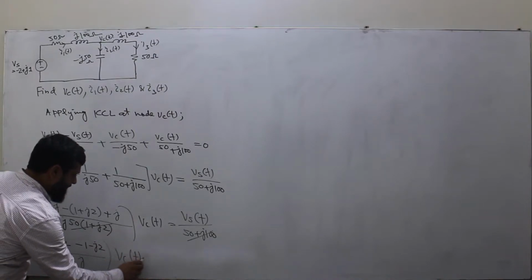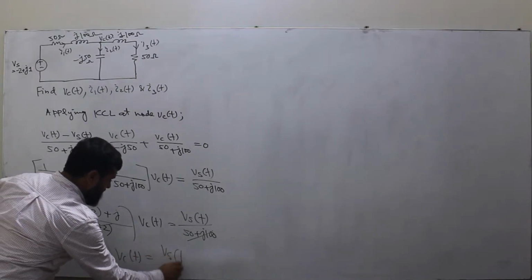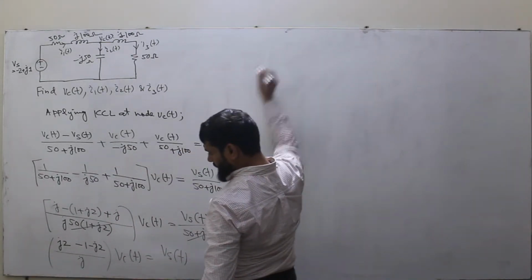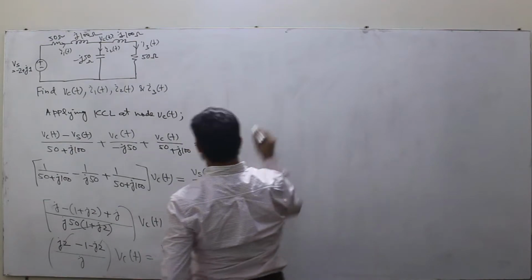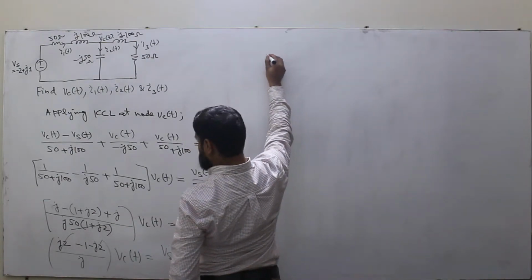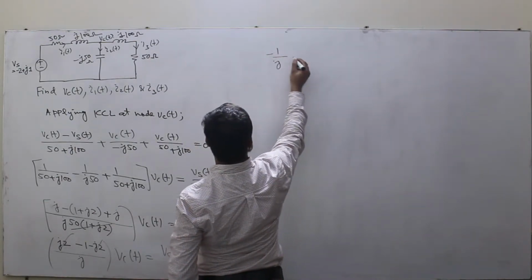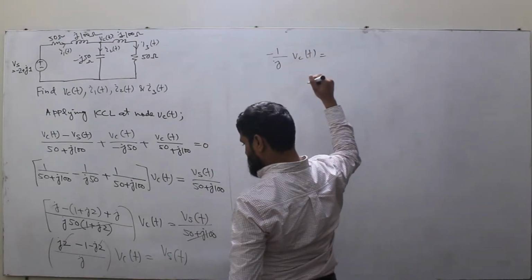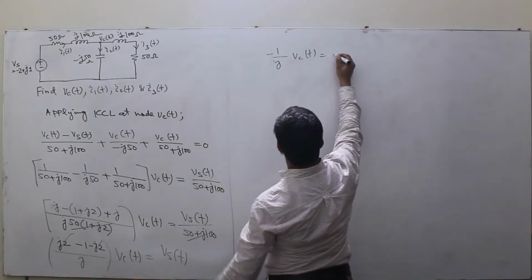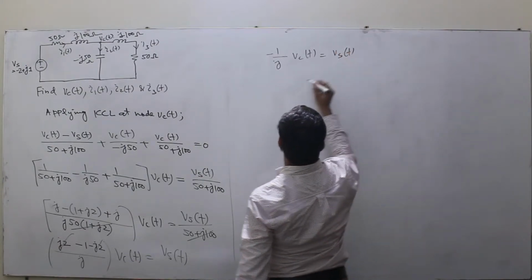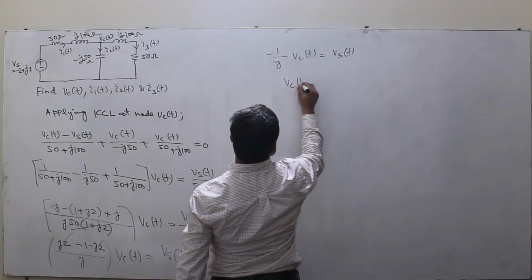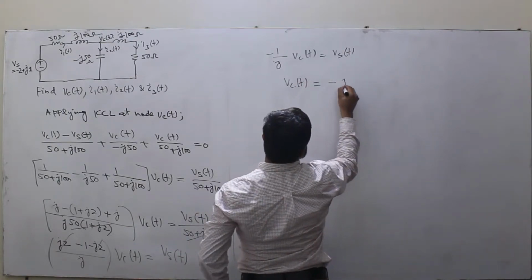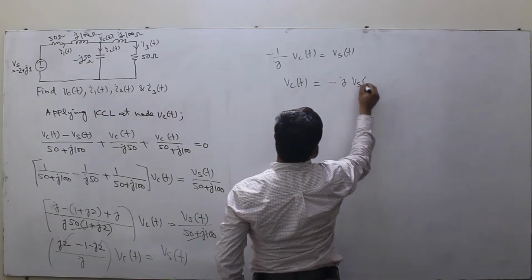Vc(t) is equal to Vs(t), and here this is cancelled out, so minus 1 over j into Vc(t) is equal to Vs(t), or Vc(t) is equal to minus j into Vs(t).